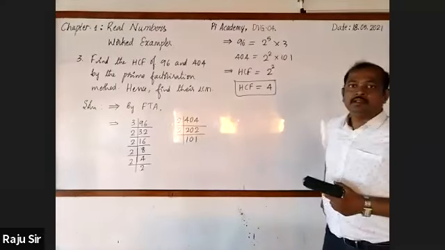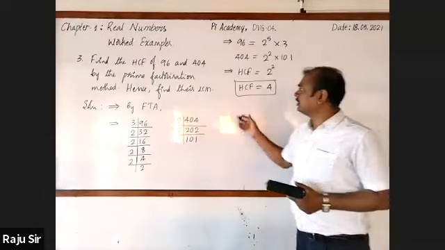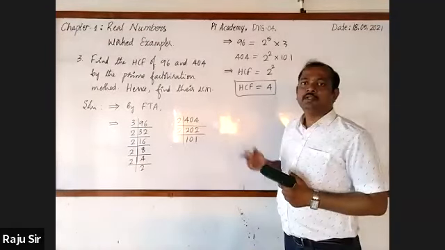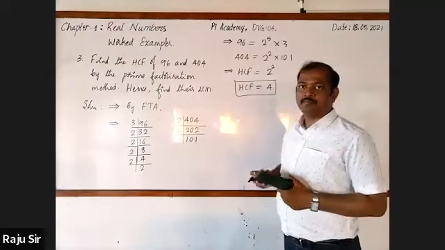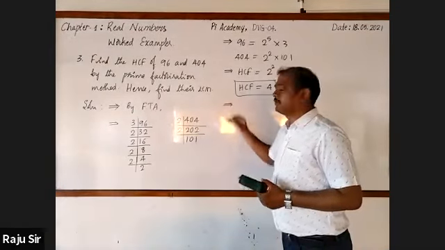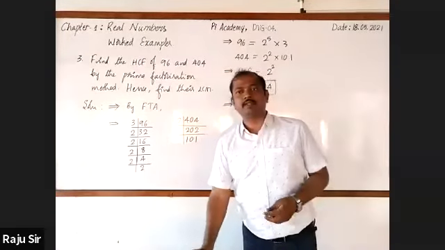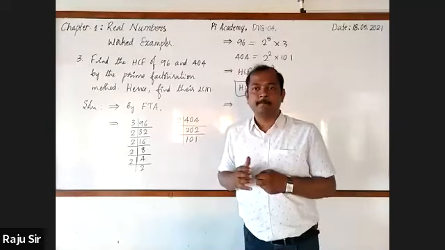Let me highlight this. Then we have to find its LCM. Let us go for finding the LCM. Can we use the prime factorization method only to find the LCM?